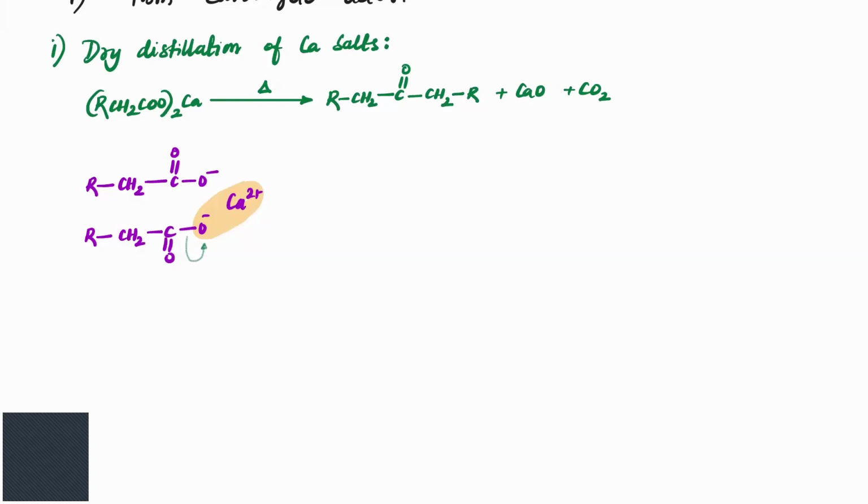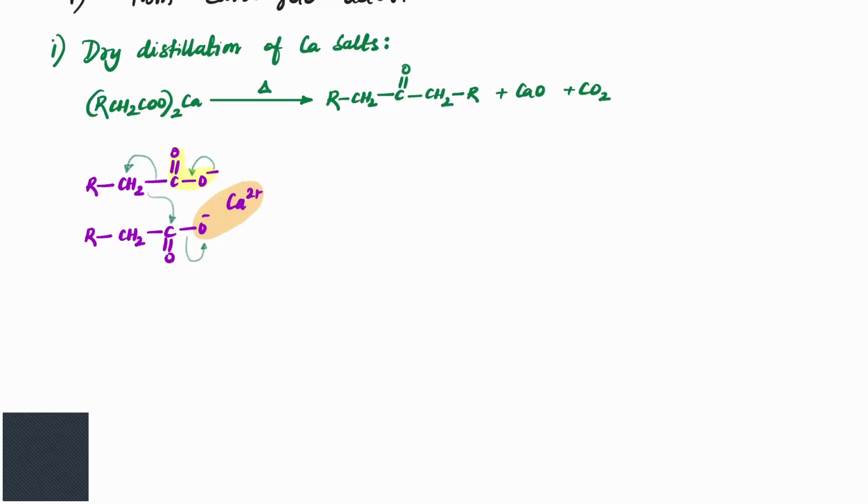As soon as that is done, on the other hand, you will see this carbon dioxide will also start getting out by pushing this negative charge here. As soon as that happens, this carbon will start gaining negative charge, and that negative charge will connect onto this carbon as a positive charge.